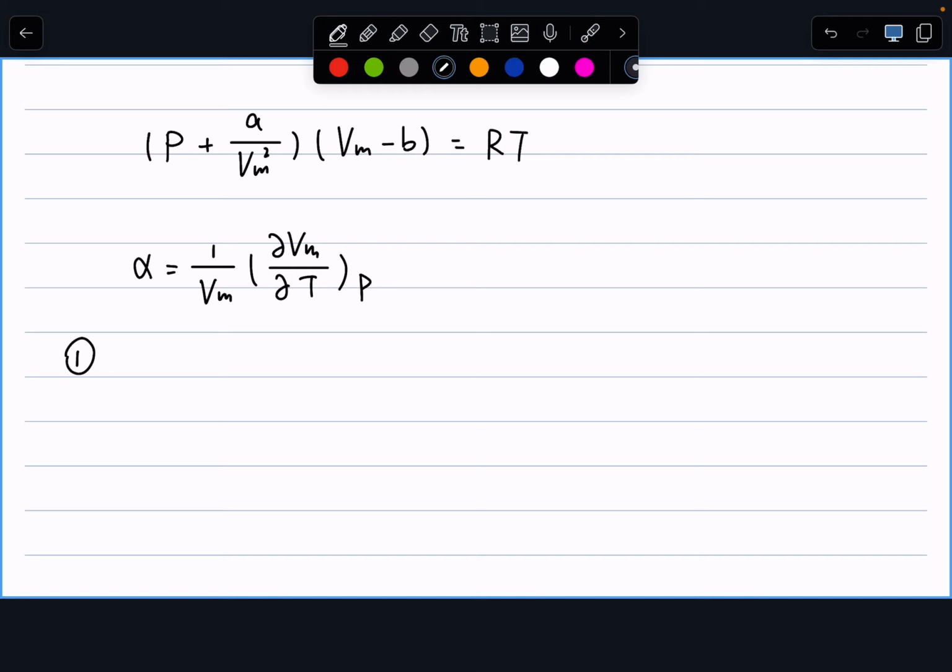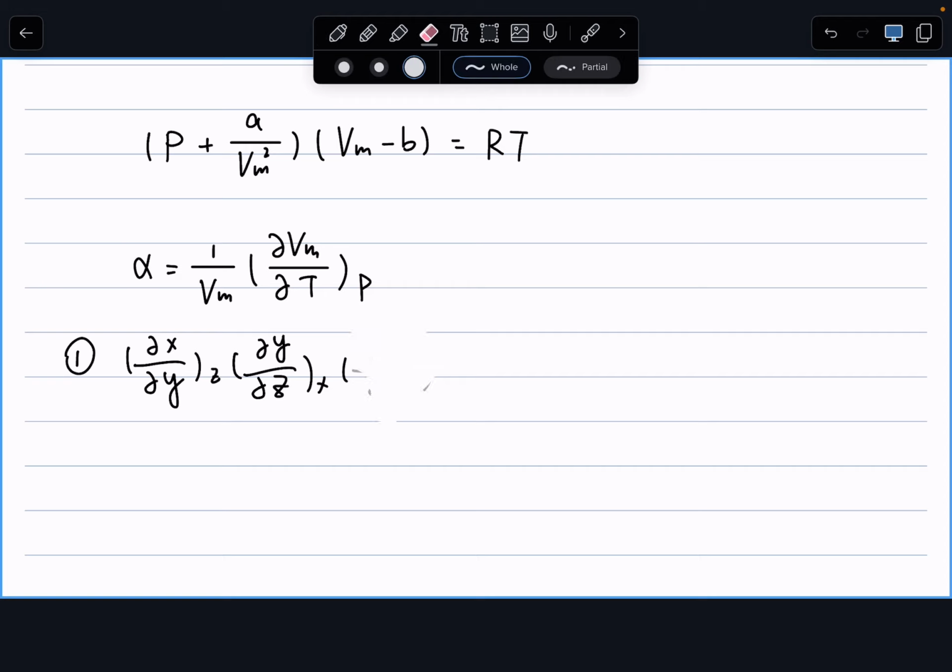So we can use our cyclic chain rule, right? So our dx over dy at constant z, dy over dz at constant x, dz over dx at constant y equals -1.